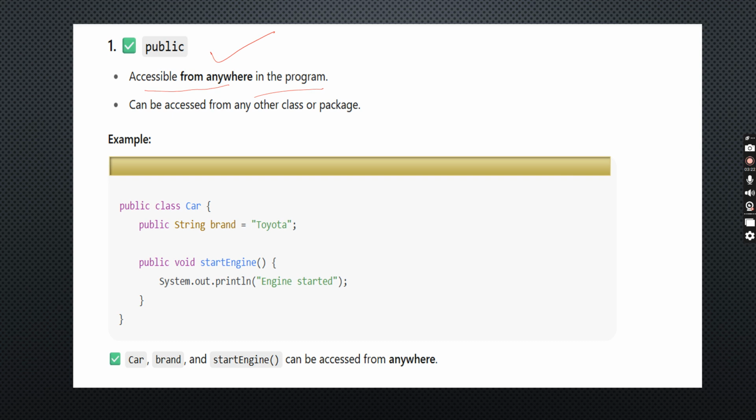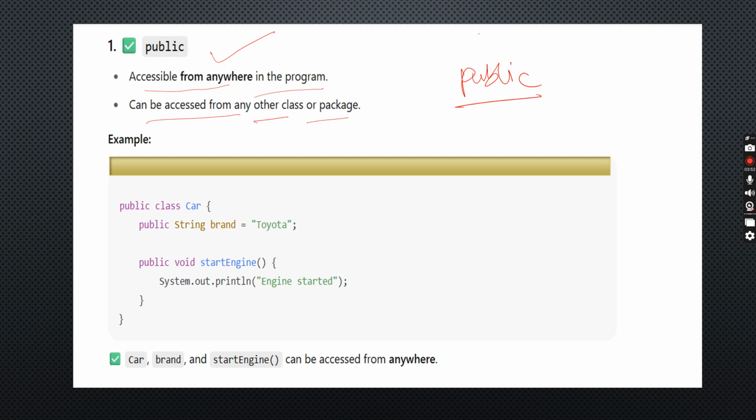If you declare a variable as public, you can access it anywhere. It can be accessed from any other class or package, because it is public, so you can access it anywhere in the program, in other classes and other packages.